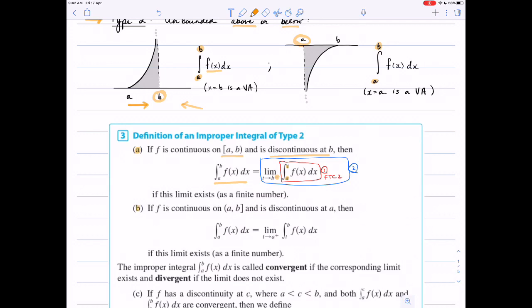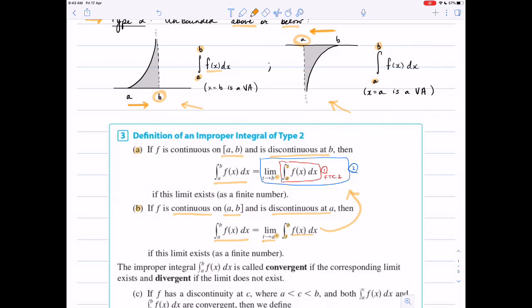So let's look here at the second part. If f of x is continuous now on open A to closed B, so I am thinking about this kind of example up here, and is discontinuous at A, then the integral from A to B of f of x dx, which again looks normal, is defined as the limit as t goes to A from the right this time, because if we are going through this region and we want to approach the discontinuity, we are approaching it from the right, of the integral from t to b of f of x dx, and it is calculated in that same two-step process.